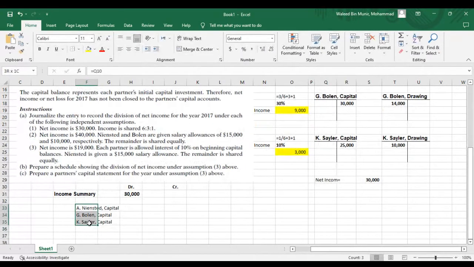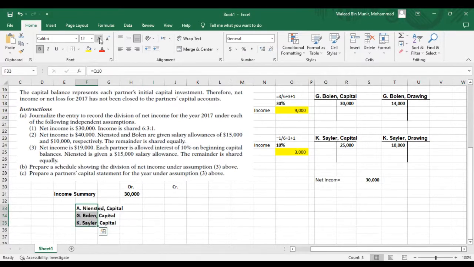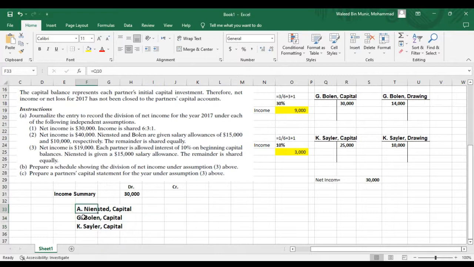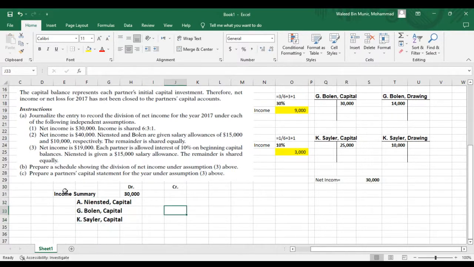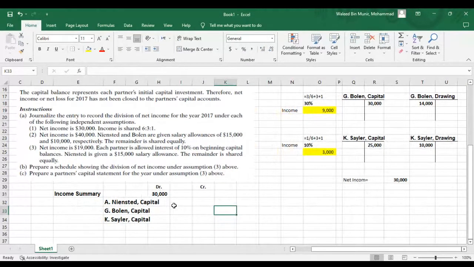Okay, now these are the accounts which will be credit, remember. The accounts will be credit, doctor? And debit, yes, for the net income. Debit will be, yes, income summary. We call it, not in the name of the account, you have to write it down, which is income summary account. Okay, so it should be like this one.